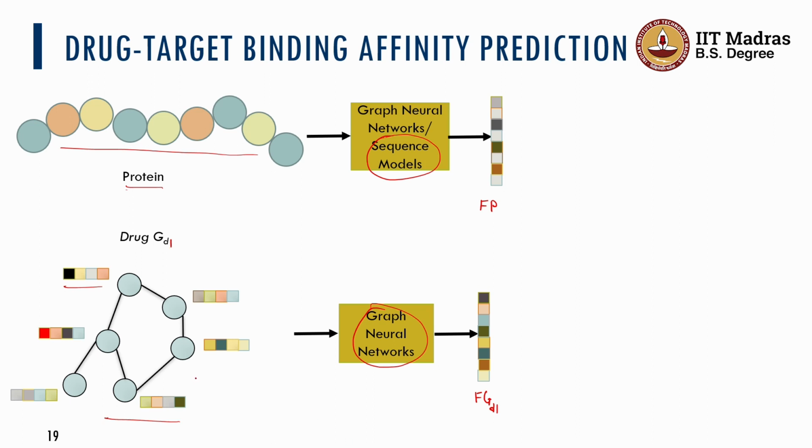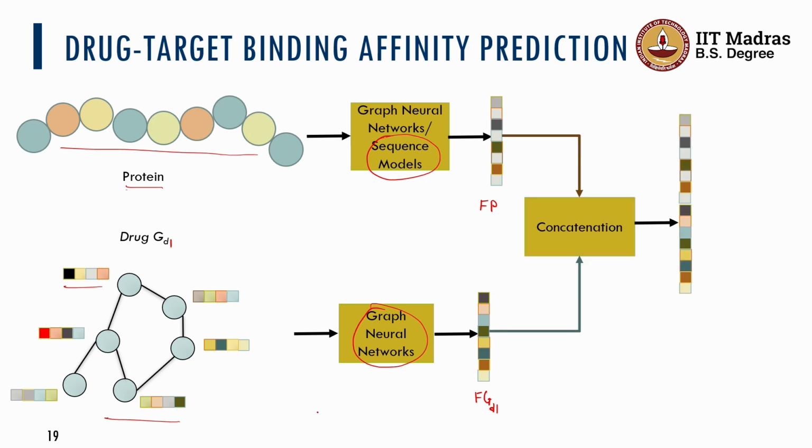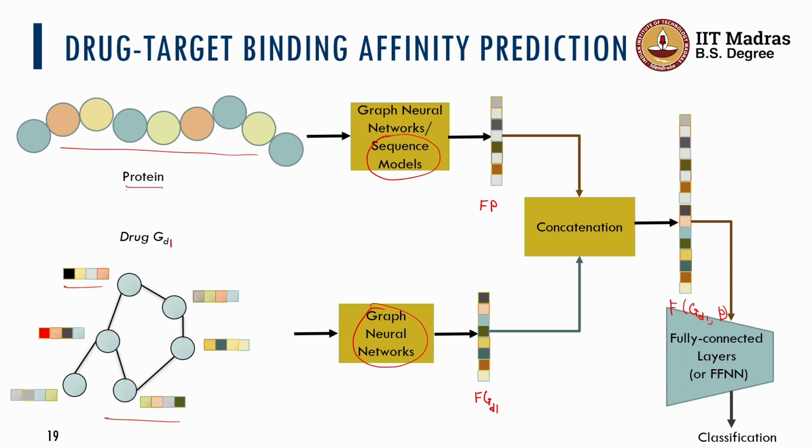Now, like in drug-drug interactions, we perform a concatenation operation and generate the feature for the graph-protein pair. Using this feature, I can actually train a fully connected layer to perform a classification task.